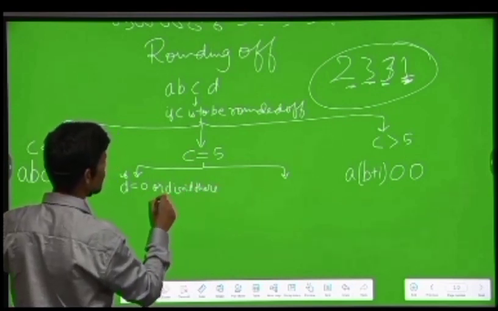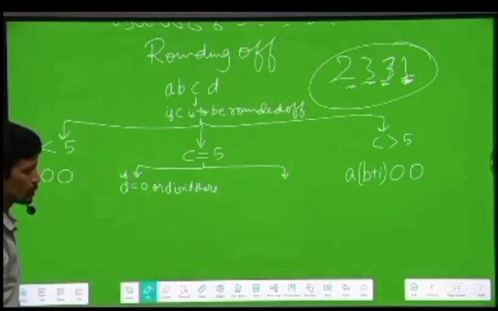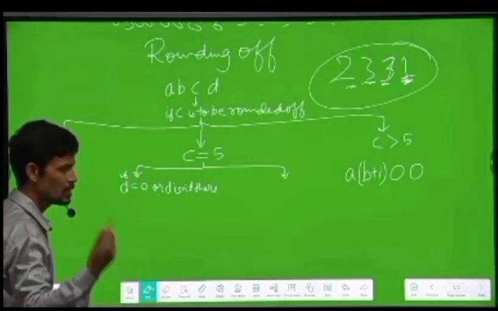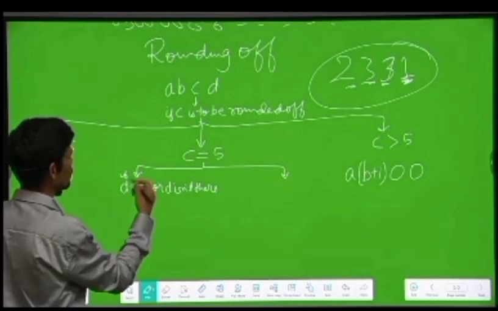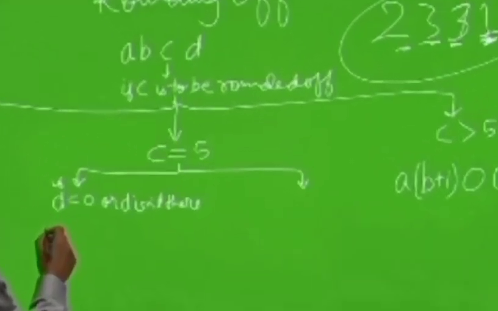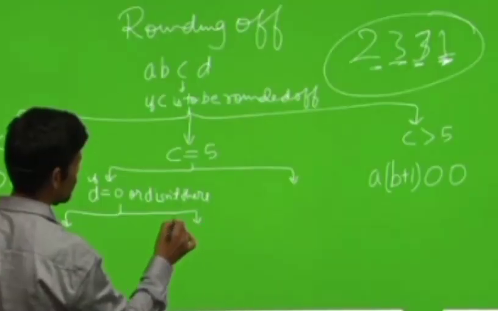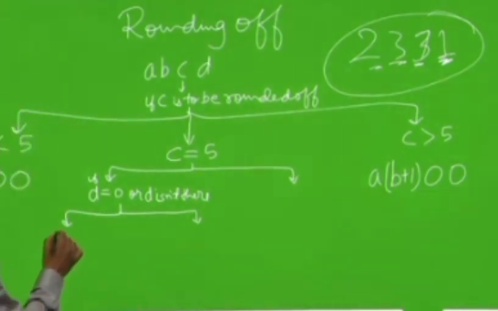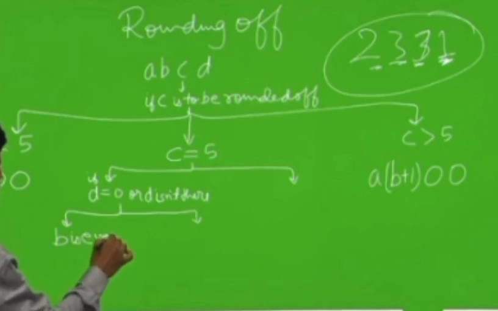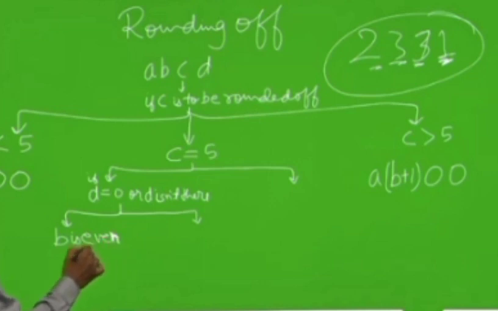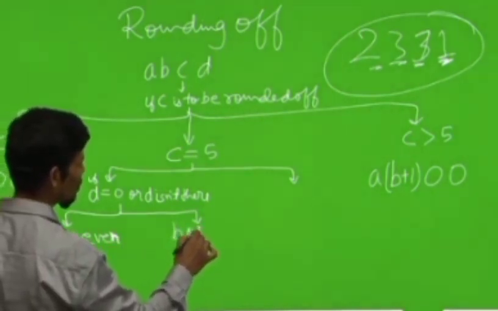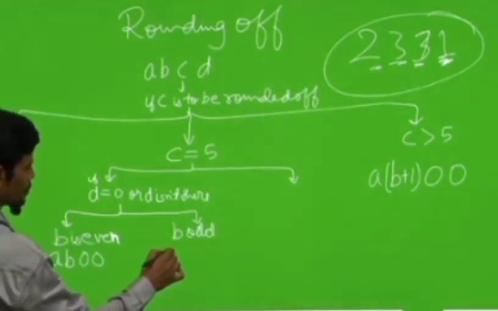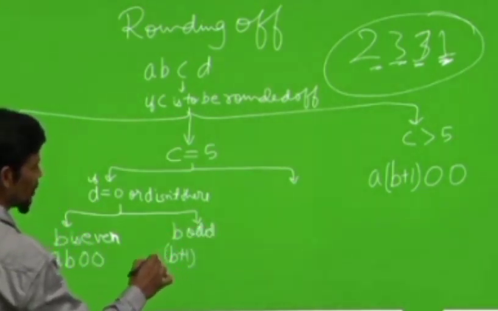Isn't there means the number is just ABC. So if d is 0 or d isn't there, then see whether b is even or not. If b is even, then just leave it as it is. And if b is odd, then increase it by 1.